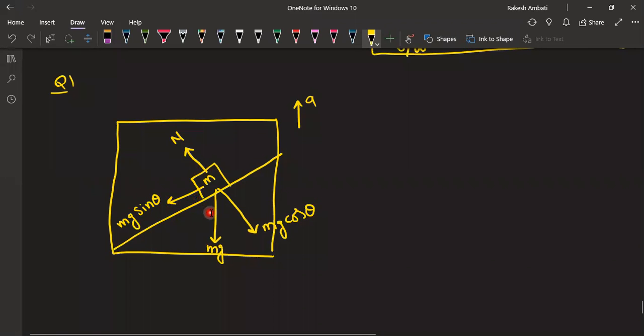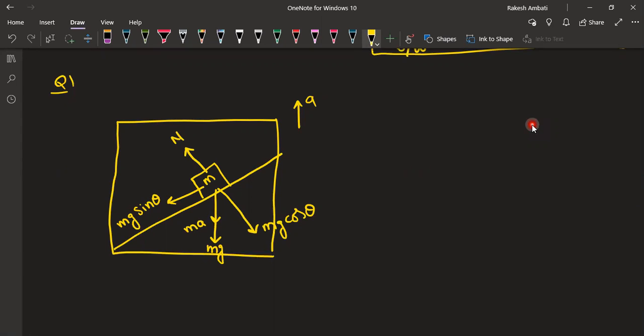If acceleration is upwards, we have to draw pseudo force in opposite direction. So how to draw pseudo force? Opposite to direction of acceleration of non-inertial frame. So acceleration of non-inertial frame upwards, so pseudo force will act in downward direction. It is pseudo force ma.